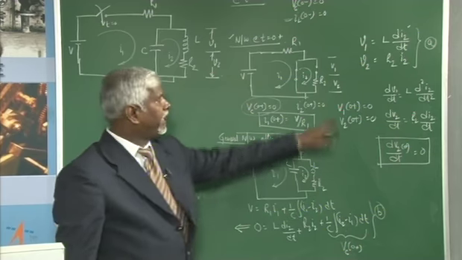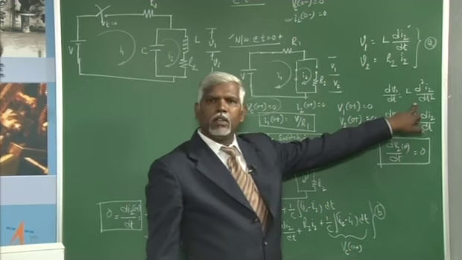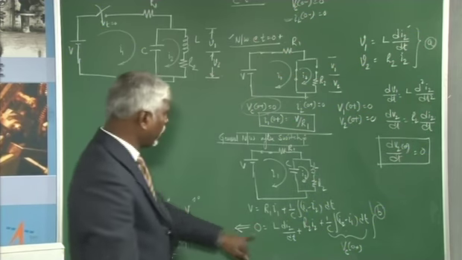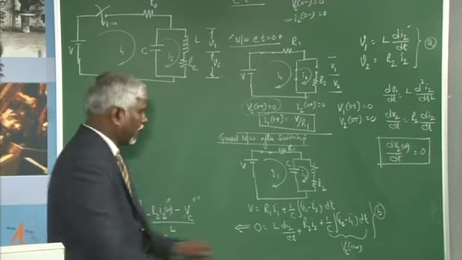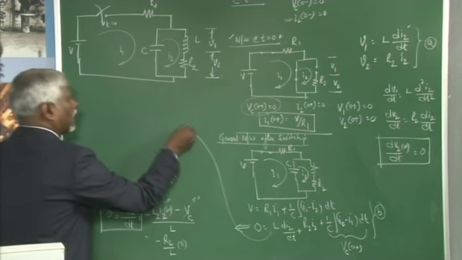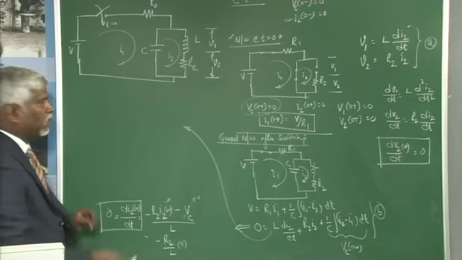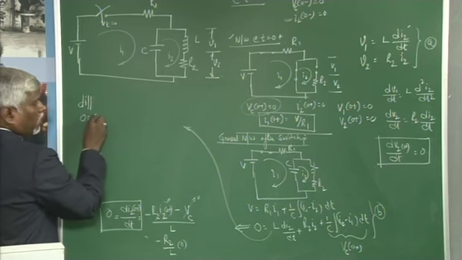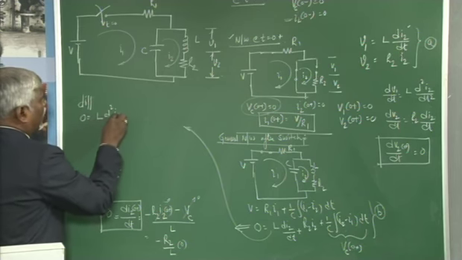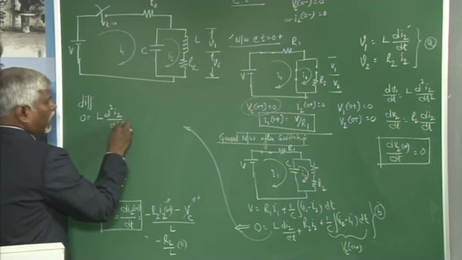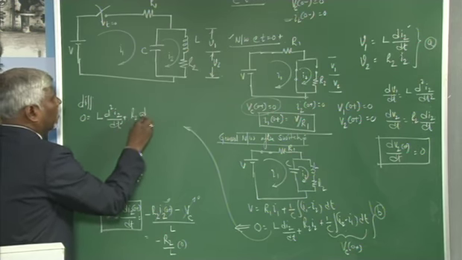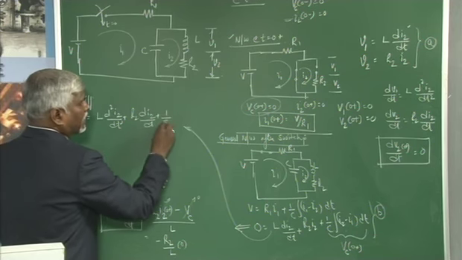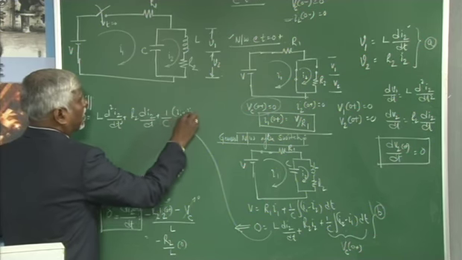Coming to dv1 by dt, I want the second derivative of the current I2, d squared I2. I need to differentiate this equation again to get the second derivative. Differentiating the equation, I will get 0 equal to L d squared I2 by dt squared plus R2 di2 by dt plus 1 by C into I2 minus I1.